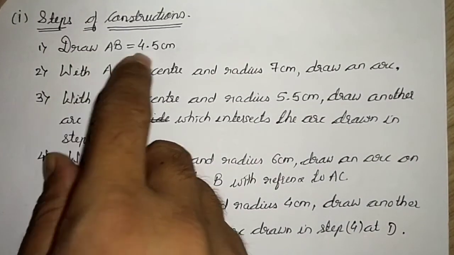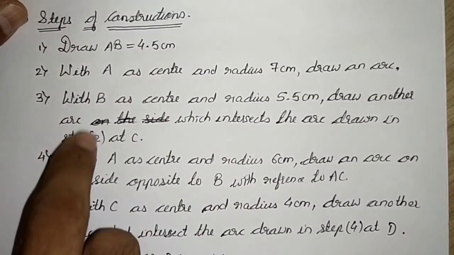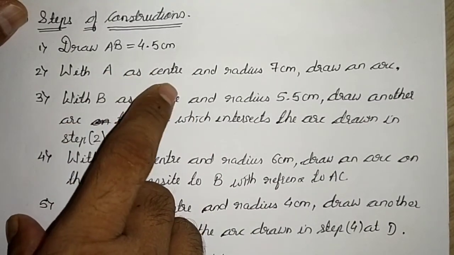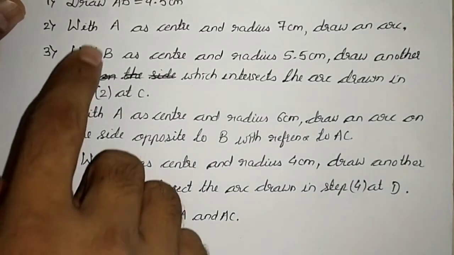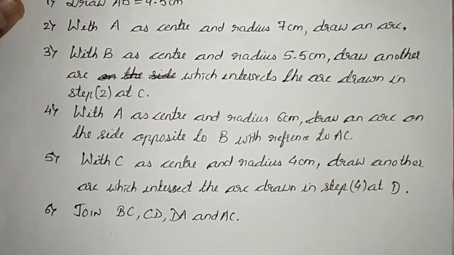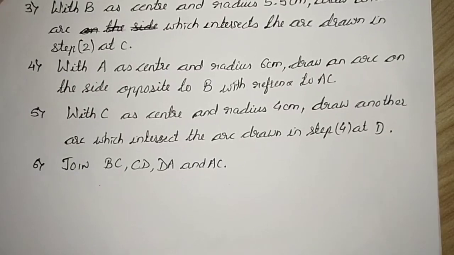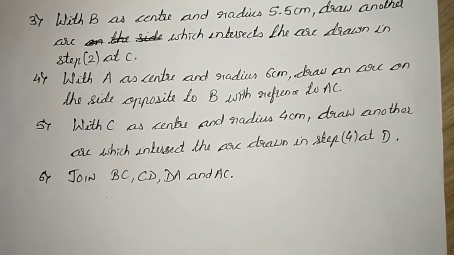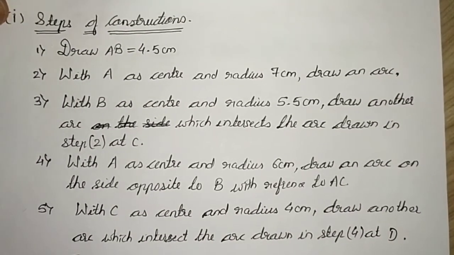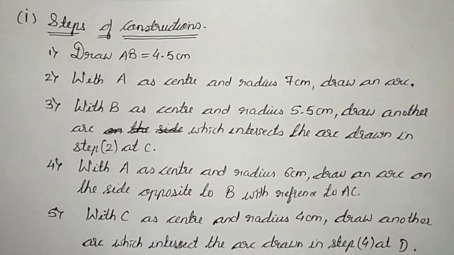First we have taken AB, so we have written 4.5 centimeter. Then taking center A and radius 7, I have drawn arc. Then taking B as a center, 5.5 radius. All this we have done, right? So take a screenshot and write down, or you can write on your own also.